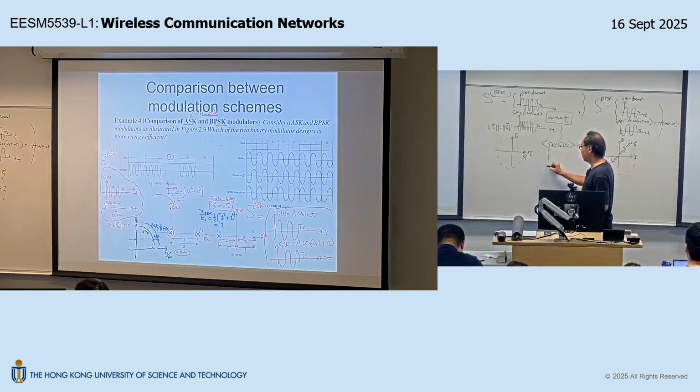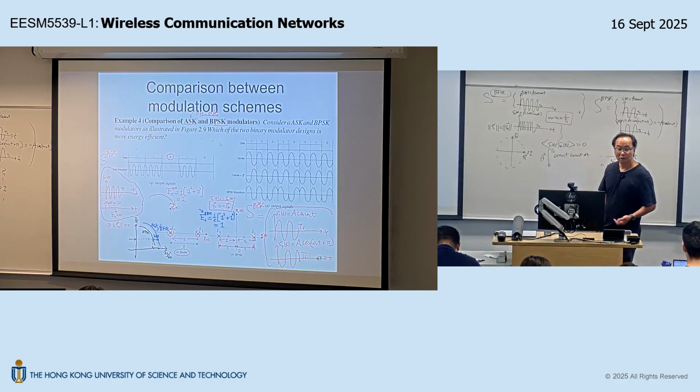Now, why is this 0? You can work out the algebra. The definition of inner product is the integration of S1(t) and S2(t) multiplied together. S1(t) is A cosine omega 1 t, so you have A squared outside. This is cosine omega 1 t times cosine omega 2 t. How do you integrate this? High school calculus. Remember the product to sum formula: cosine A cosine B is expressed in terms of cosine (A minus B) and cosine (A plus B).